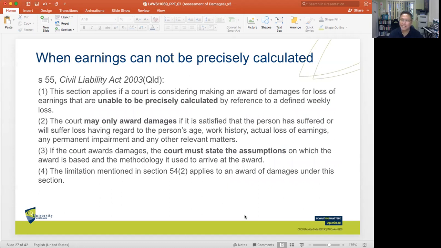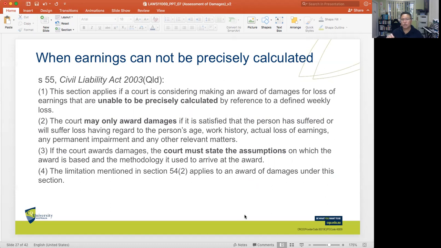The court must be satisfied, and this must be shown in the decision, that the person has suffered or will suffer loss. So although there is discretion, it must be discretion based on a satisfaction by the court, a finding by the court that the person has suffered or will suffer certain damages.